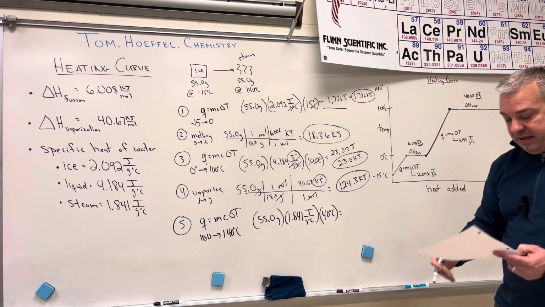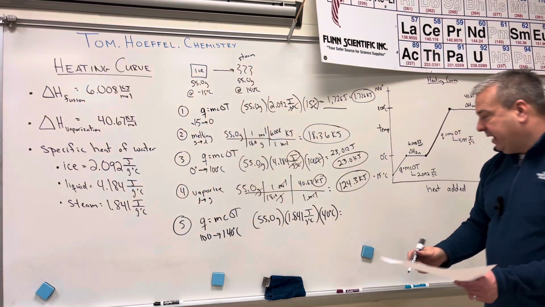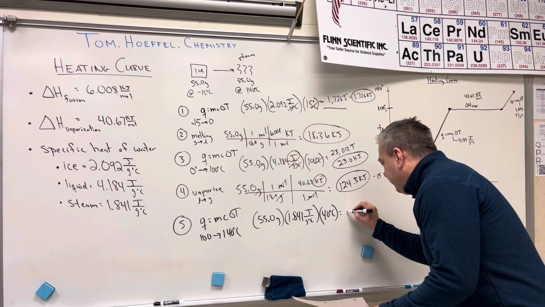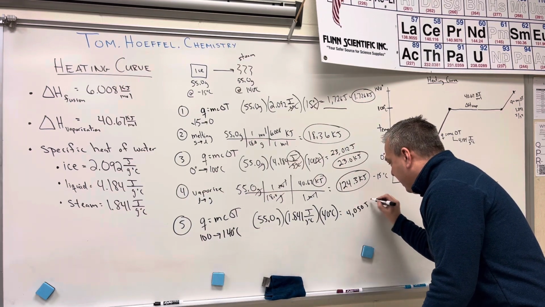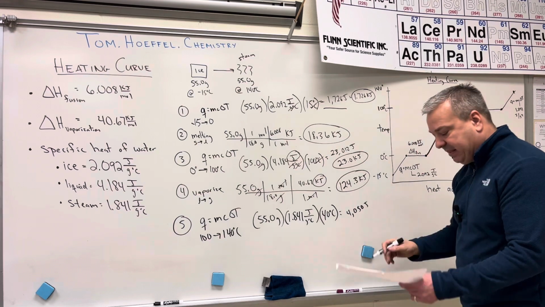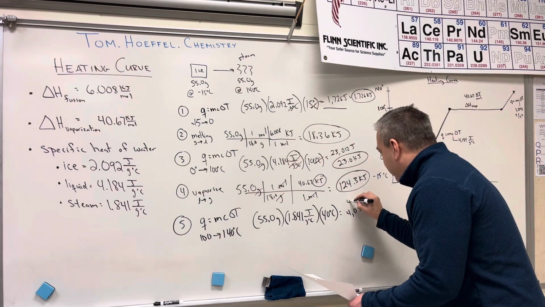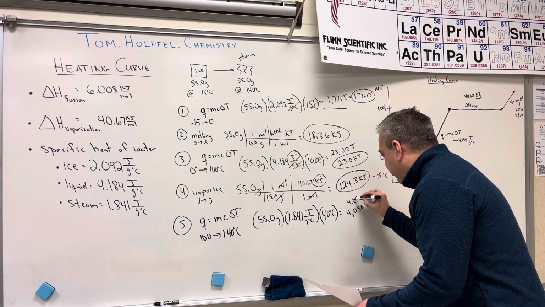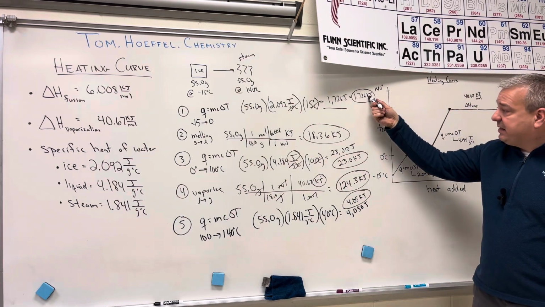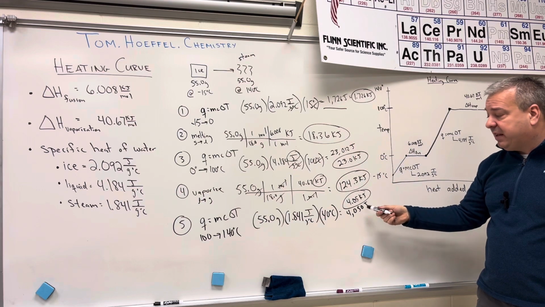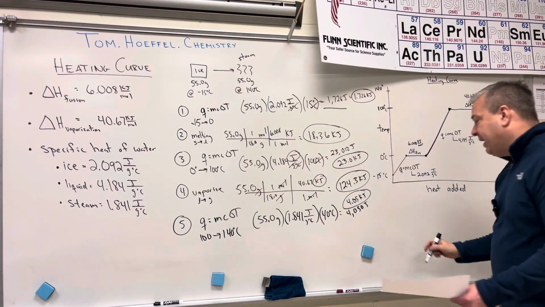And when I multiply these three numbers together, I get 4,050 joules. Now, I want that in kilojoules, so I got to divide by 1,000, so approximately 4.05 kilojoules, okay?